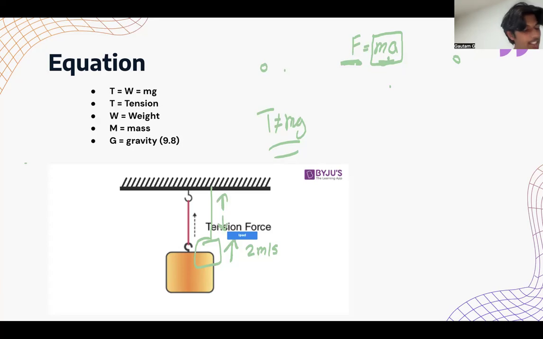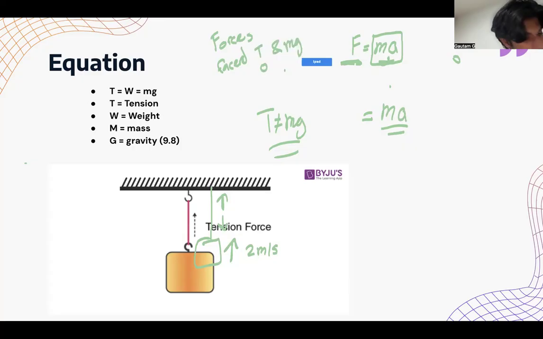We still have to add those forces up to equal the mass times acceleration. The total forces this elevator faces are tension and mg, an upward force and a downward force.